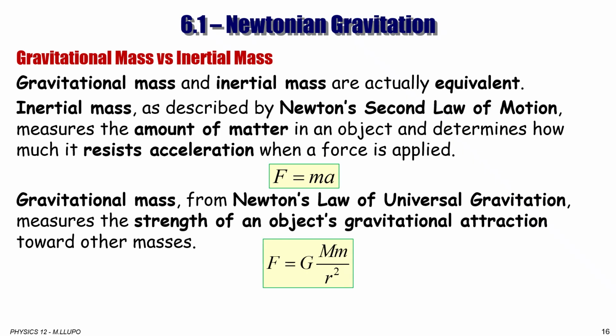On the other side, gravitational mass, from the law of universal gravitation, measures the strength of the object's gravitational attraction toward other masses. And the formula is force is G m1 m2 over r squared.